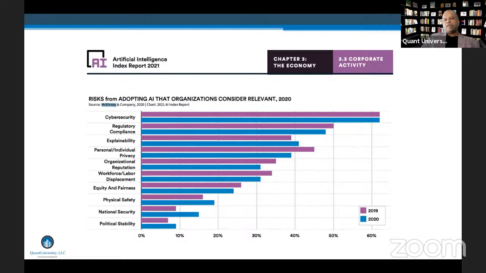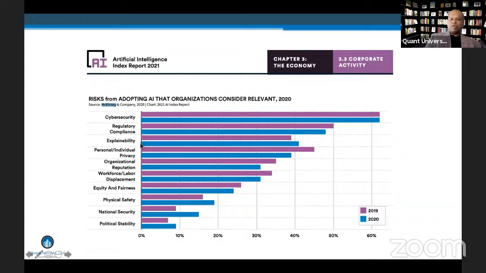And the reason is, if you look at the aspects of risk in AI models, one of the things which was surveyed was risks from adopting AI within an organization that's considered relevant in 2020. Many of the respondents predominantly focused on cybersecurity and regulatory compliance.